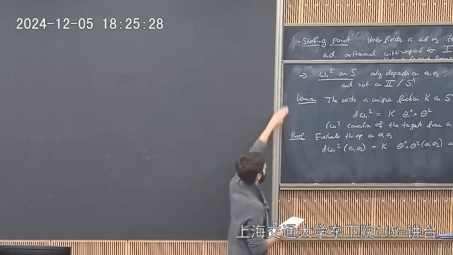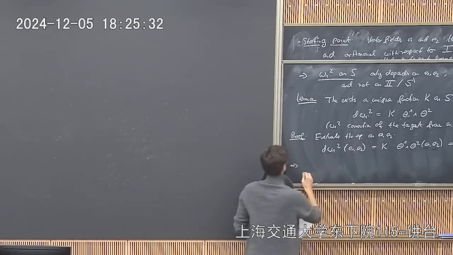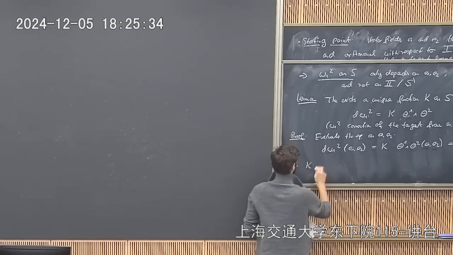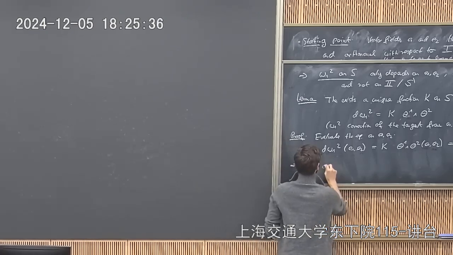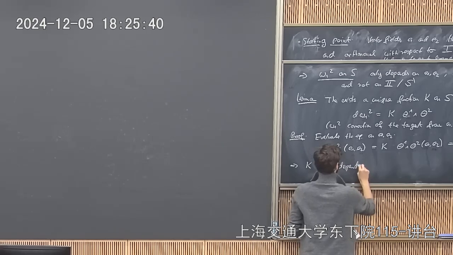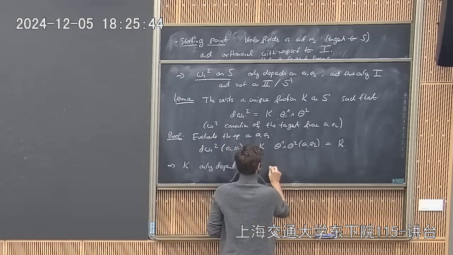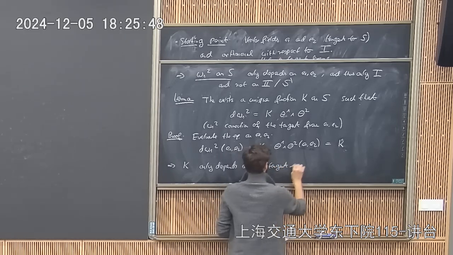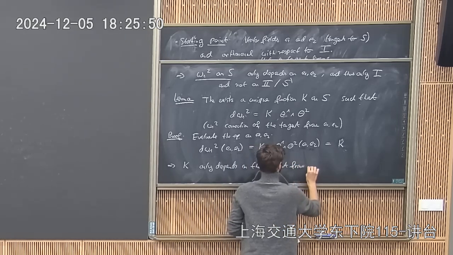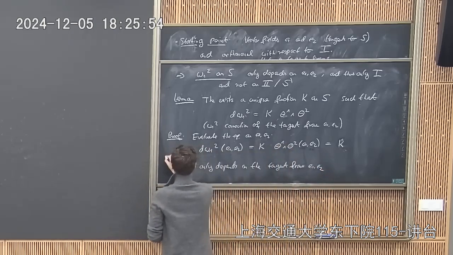So the same thing applies in here, that k, the Gauss curvature, only depends on the tangent frame E1 and E2.